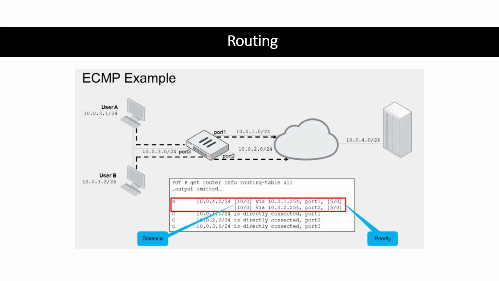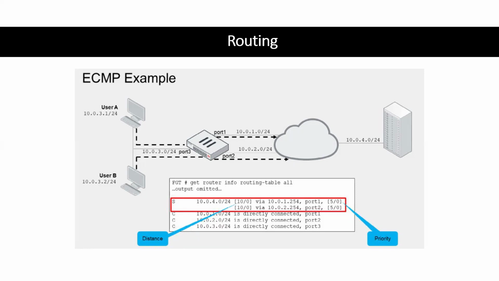So the FortiGate is going to route that traffic over either port 1 or port 2. Source IP based, it's going to automatically use port 1. If port 1 ever loses connectivity, we're going to use port 2 and deliver all that traffic to the 10.0.4.0 network.